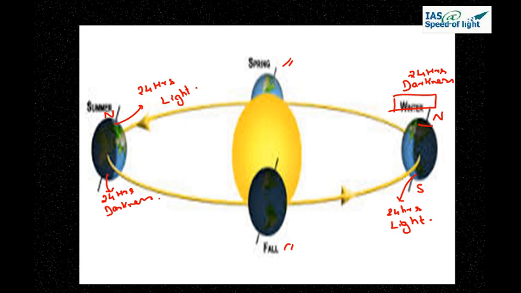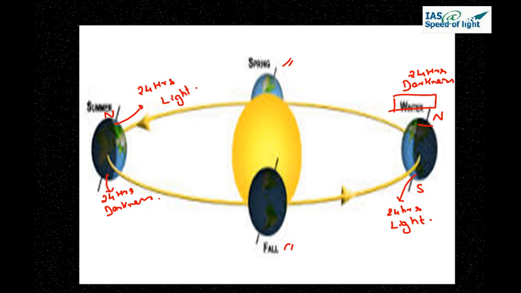We started with the winter solstice, when the northern hemisphere is tilted away from the sun. So the North Pole is experiencing 24-hour darkness, and it is winter in the northern hemisphere, while it is summer in the southern hemisphere. Then we move to the other point, where the earth is making the northern hemisphere tilted towards the sun, making it the summer solstice for the northern hemisphere.